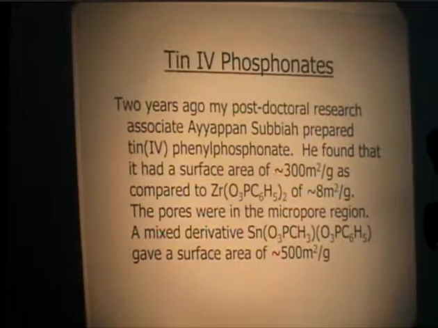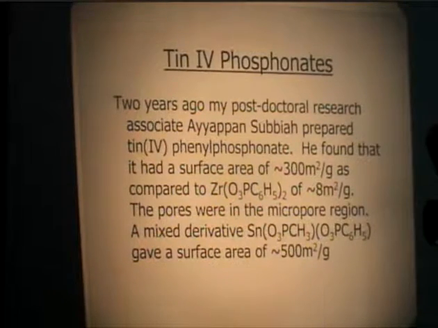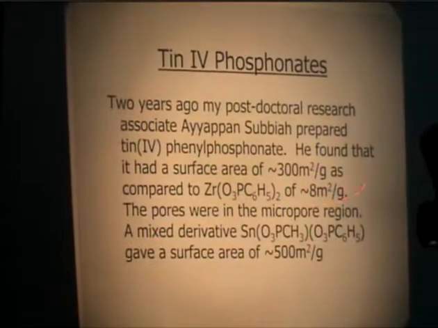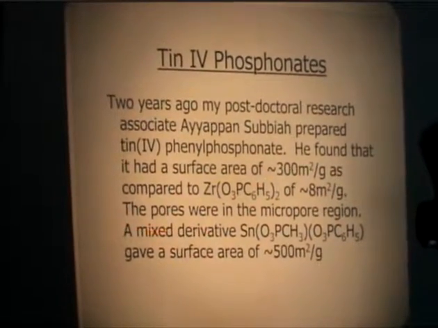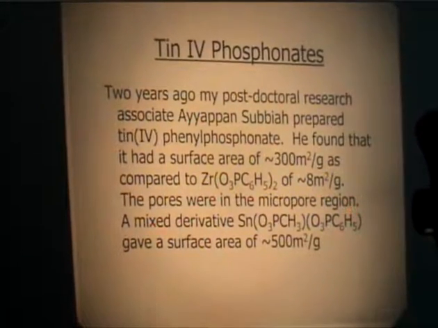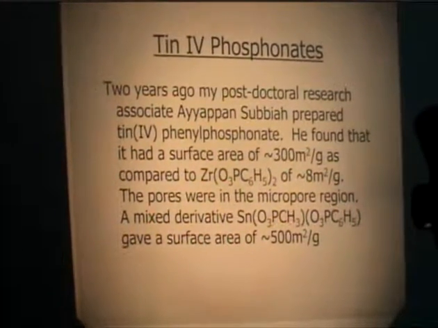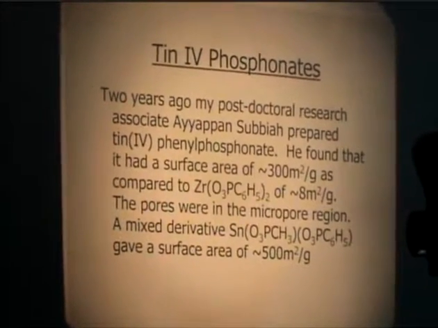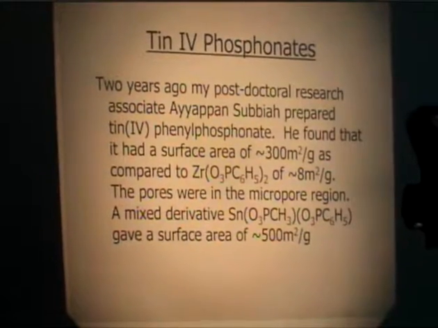And the composition is roughly this, the zirconium, except you have a tin here. A comparable prep here was 8 square meters per gram. This is 300. Okay, so the pores were in the micropore region. And a mixed derivative with some methyl groups in there, he got as high as 500 square meters per gram. What's going on here?